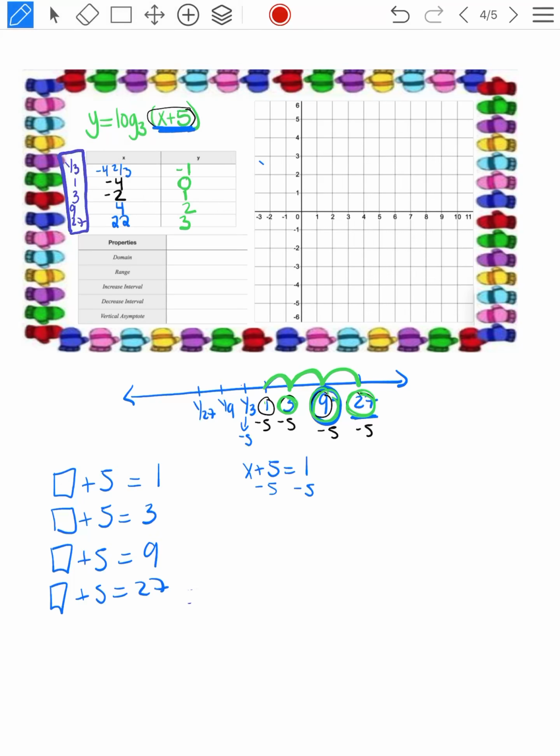So now when I go to graph, let's see, 22, 3 is not going to fit on my graph, but I can do 1, 2, 3, 4, 2. That fits on my graph. Negative 2, negative 1. That fits on my graph. Sorry, I'm going to have to go off a little bit here. Negative 4, 0.